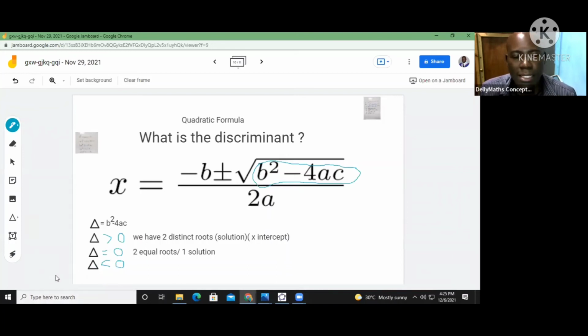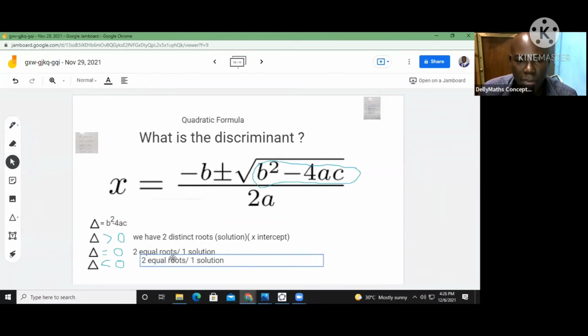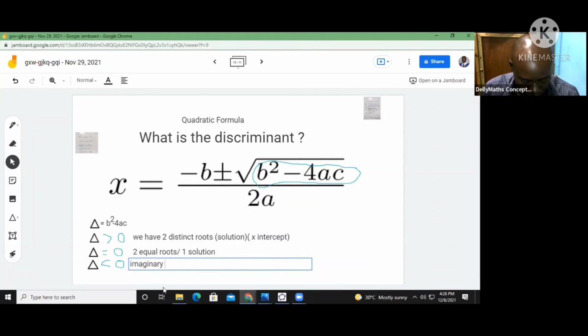When the discriminant is less than 0, this is what we call it, and I'm going to show you what we mean by less than 0. I can't say we have no solution. We have imaginary solutions, imaginary roots.